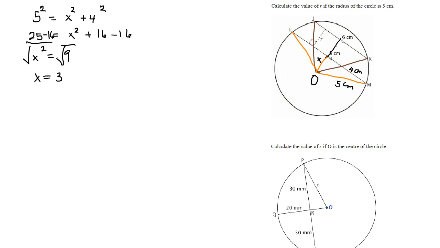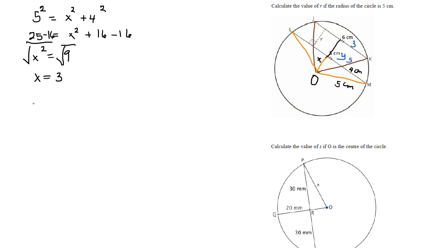Now I'm going to find y, the whole of this one. This is 3 because JK is 6, and my radius is still 5.